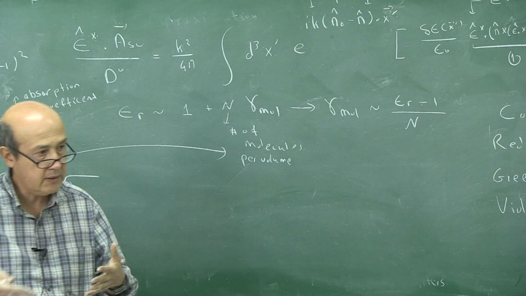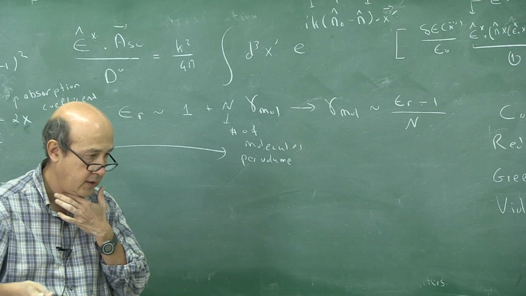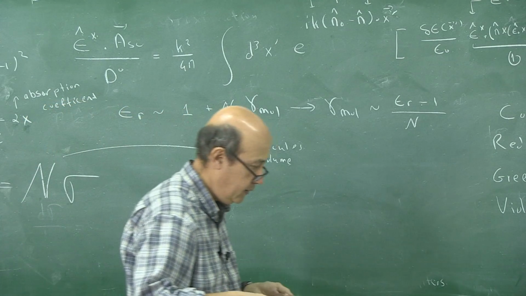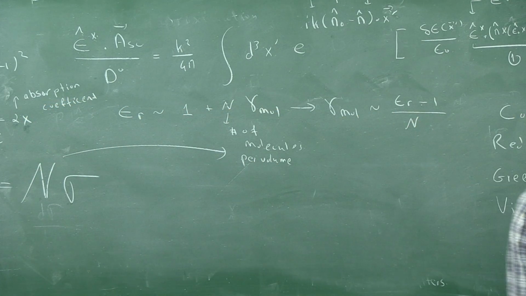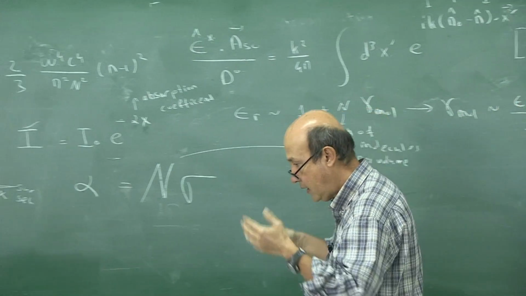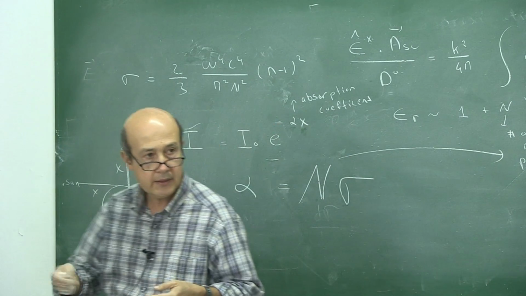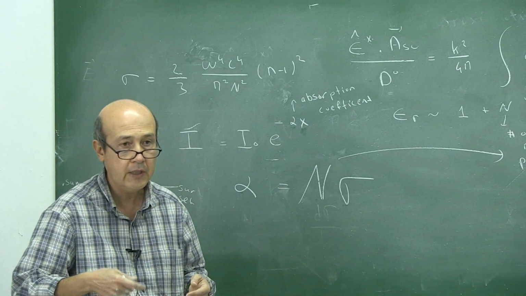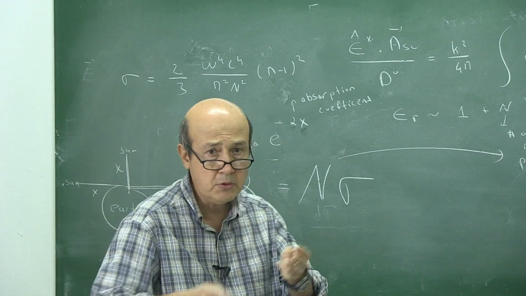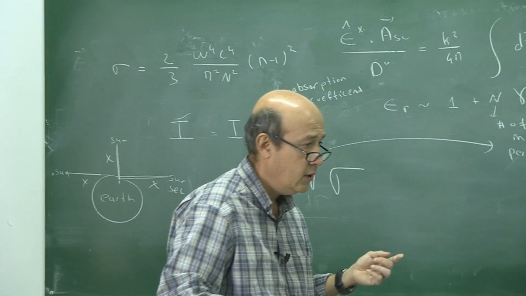And 370 years after him, Rayleigh, an English scientist, proposed that the sky is blue because of scattering of the electromagnetic waves from the molecules.